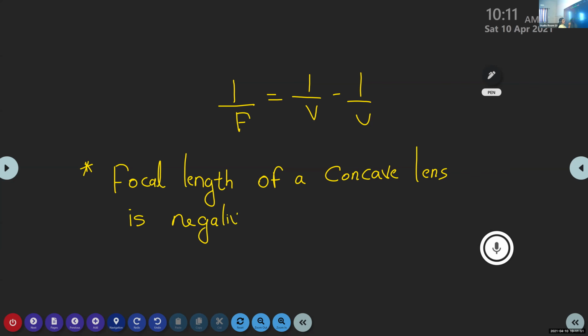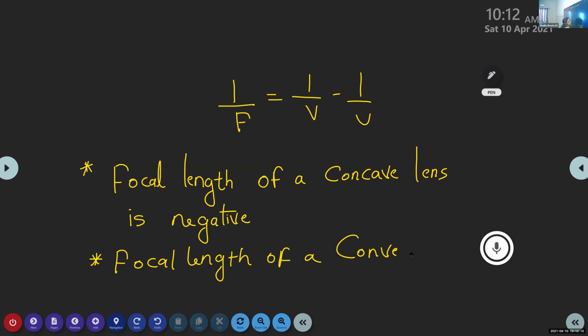It is always negative, whether it is a lens or a mirror, the focal length is negative for concave. Then what about the focal length of a convex lens? Positive. Yes, the focal length of a convex lens is positive.